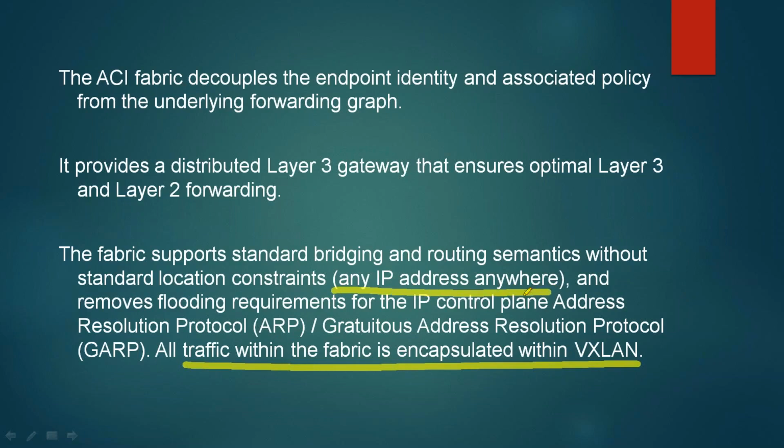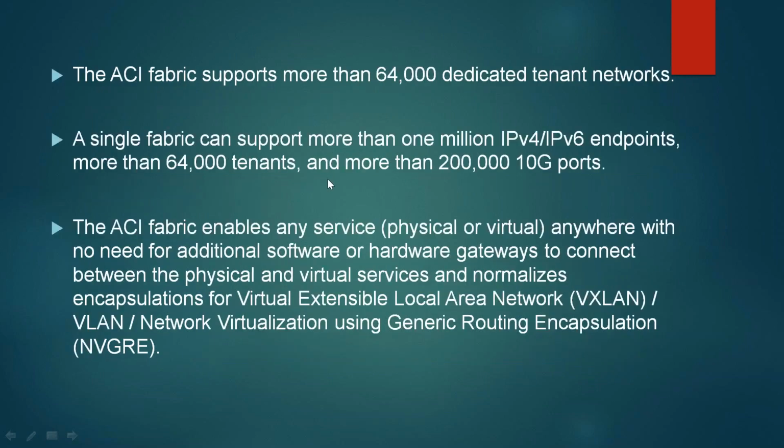If you mark very important points, all traffic will be encapsulated inside VXLAN. Any IP address anywhere. It ensures optimal layer 3 and layer 2 forwarding. We have a non-blocking, penalty-free path. If you compare with STP, you'll find that we have a penalty of 50%. Here we don't have that. Some other important points: I can create logical entities or tenants up to 64K.